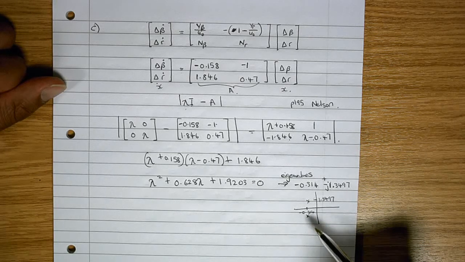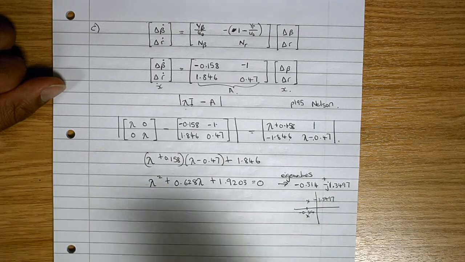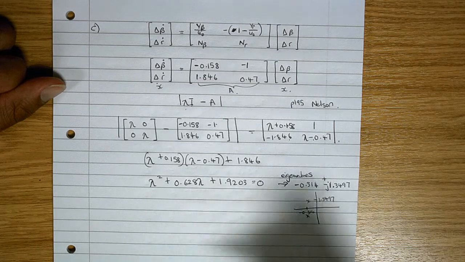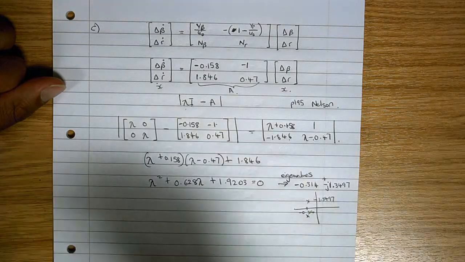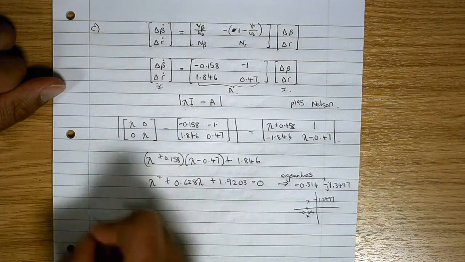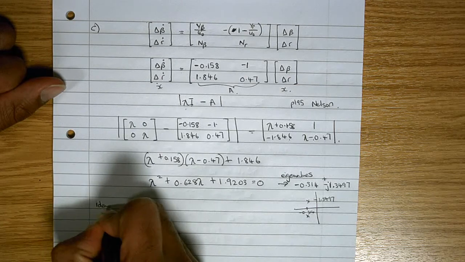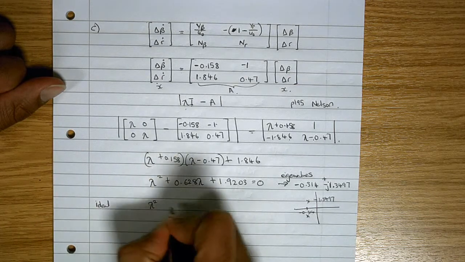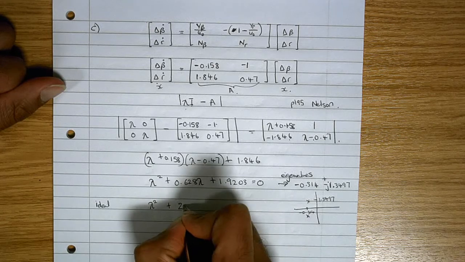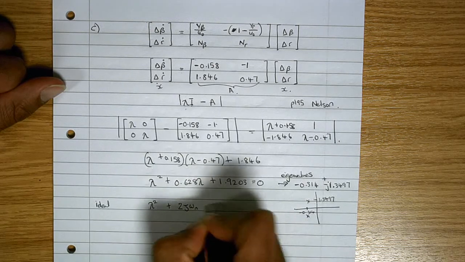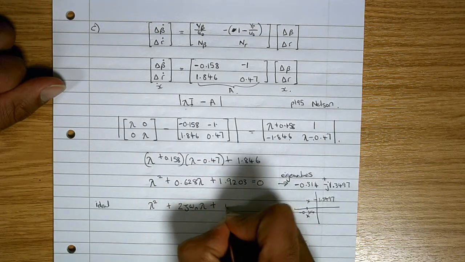So now I know I can calculate out the damping ratio and the natural frequency by applying the ideal second order equation, which is just lambda squared plus 2 zeta omega n lambda plus omega n squared.